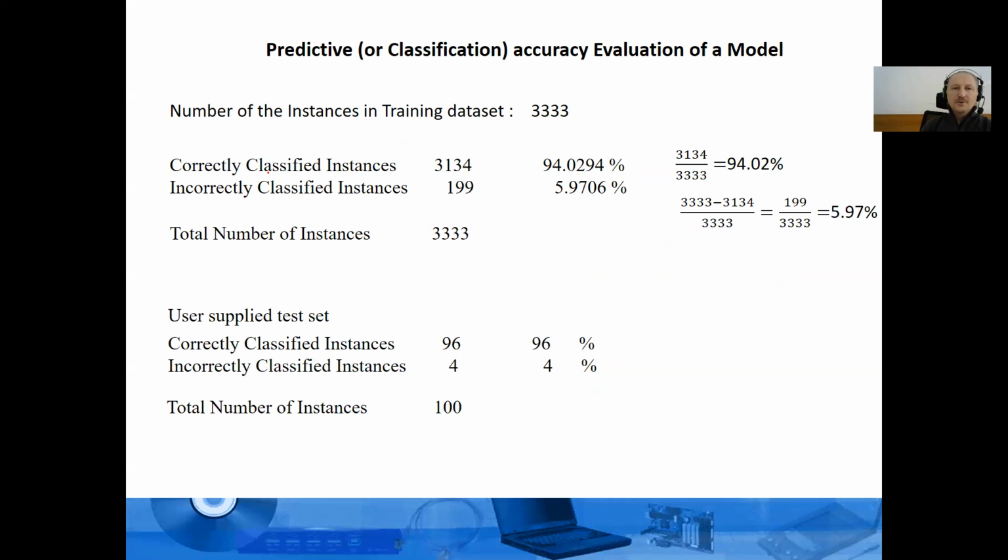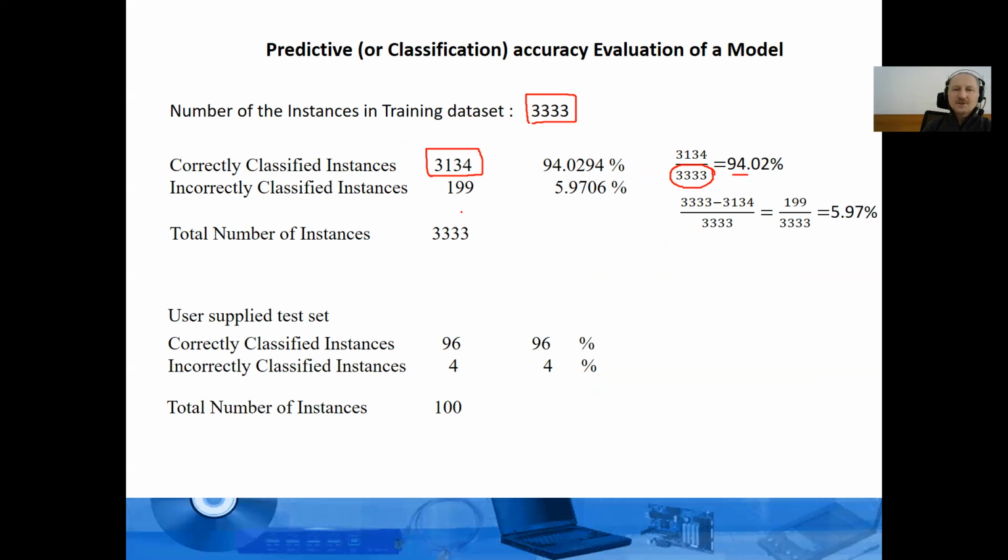Another example here. For example, you trained one decision tree model, and then correctly classified instances is this amount. And then in your data set, if there are 3,333 samples, what is the accuracy according to the formula? If you divide the correctly classified by all the data in your data set, you can find 94% accuracy.